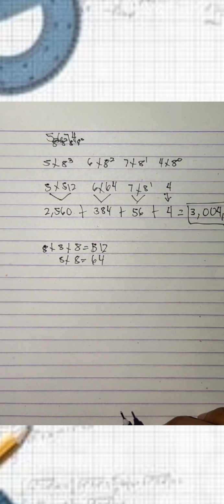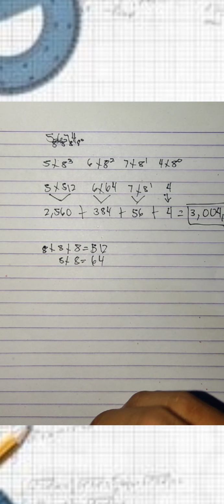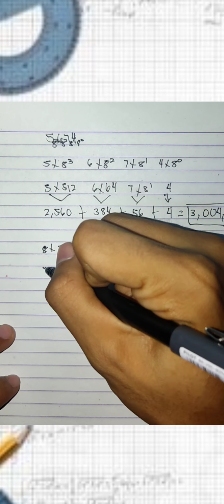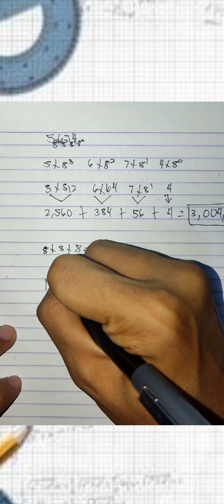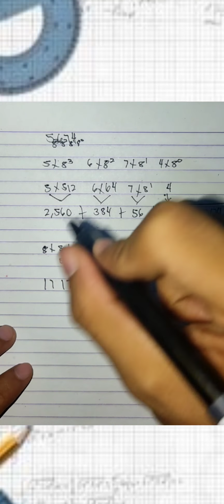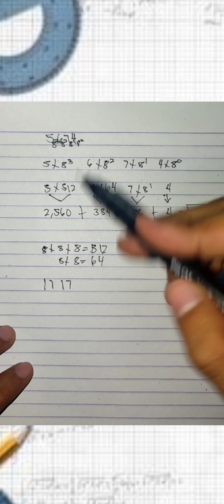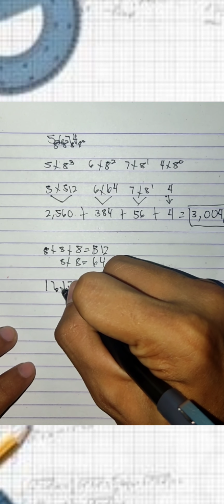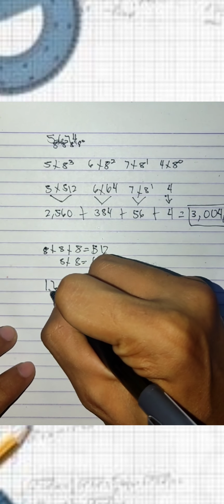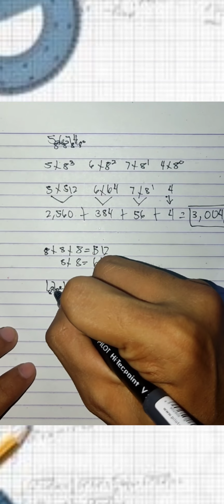So, isa pa. Meron tayong 1717. So, ganun lang ulit yung gagawin natin. 8 to the 0 power, 8 to the first power, 8 to the second power, 8 to the third power.